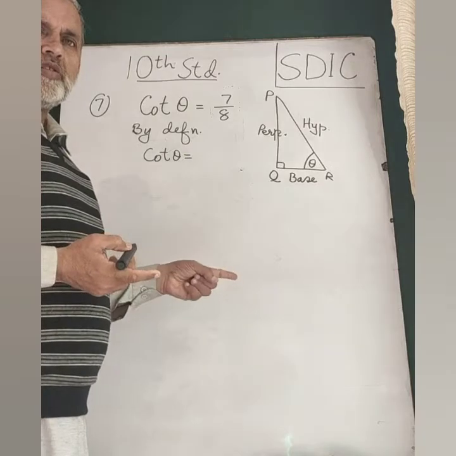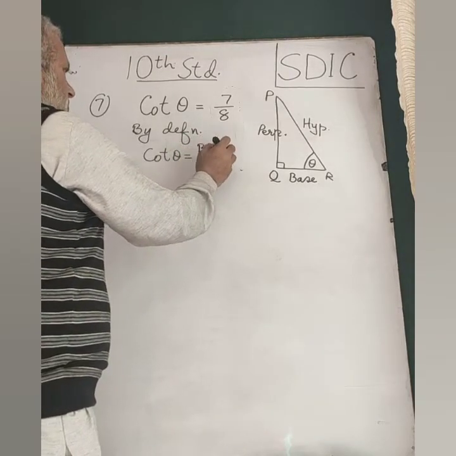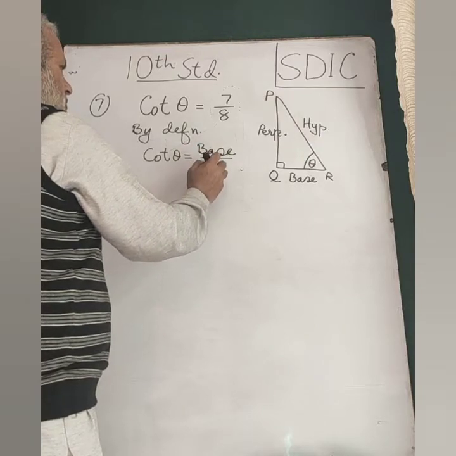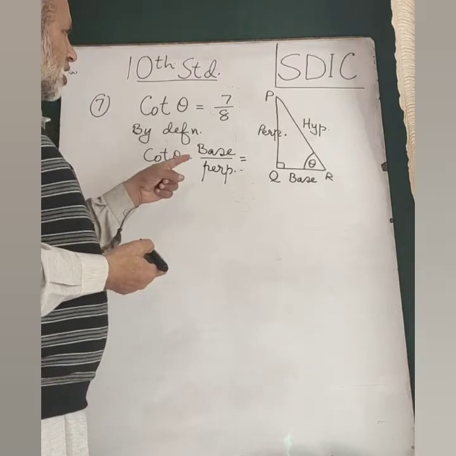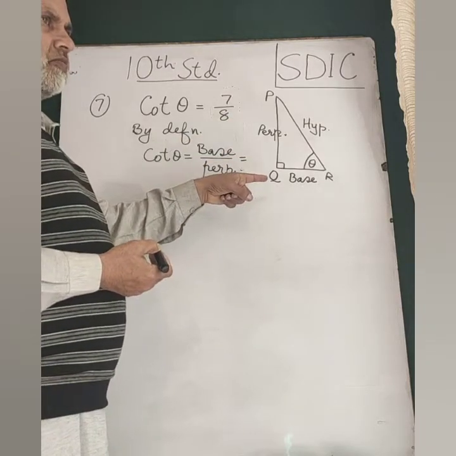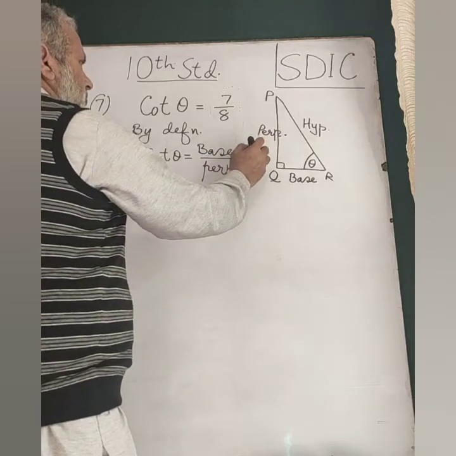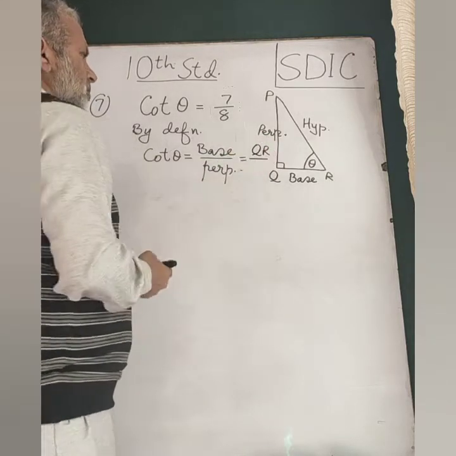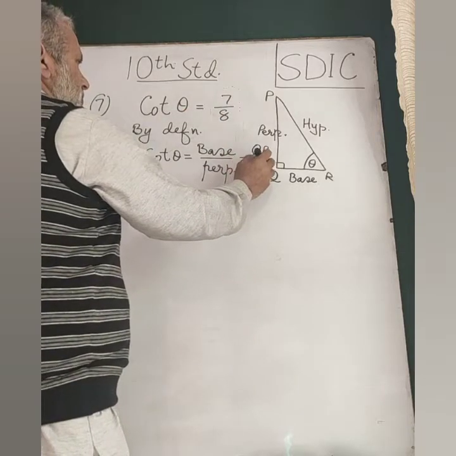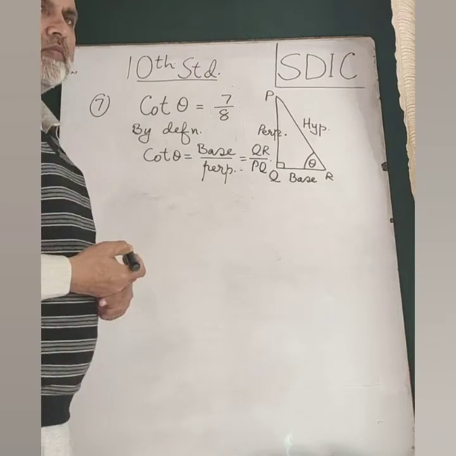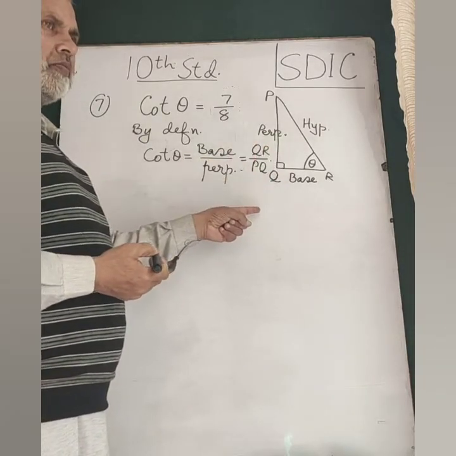Tan is perpendicular by base. Therefore, cot will be base by perpendicular. Base and perpendicular we have already identified. In the figure, base is QR divided by perpendicular PQ. So therefore, cot theta for this right triangle is QR by PQ.